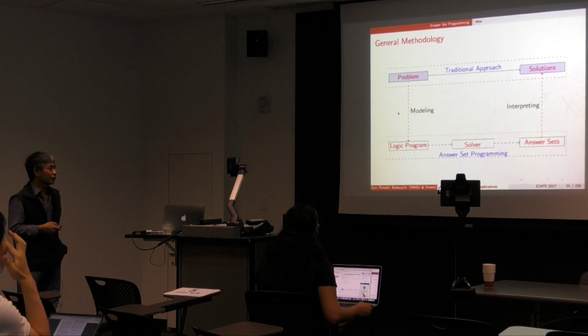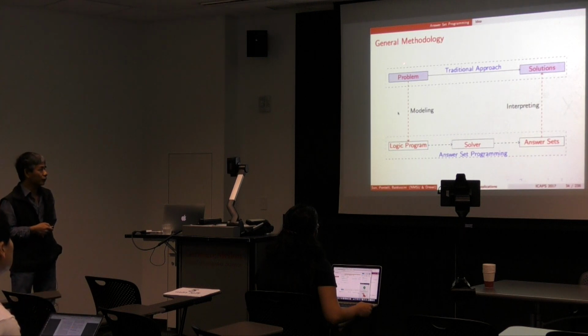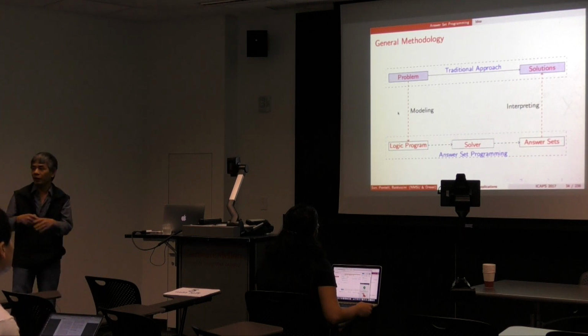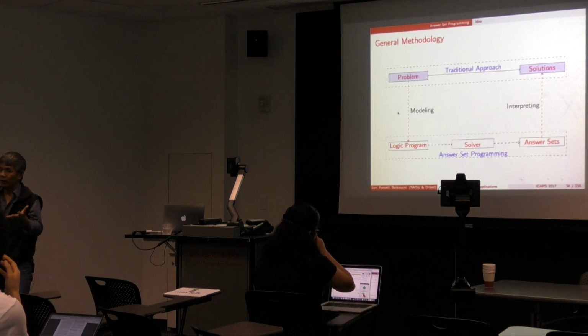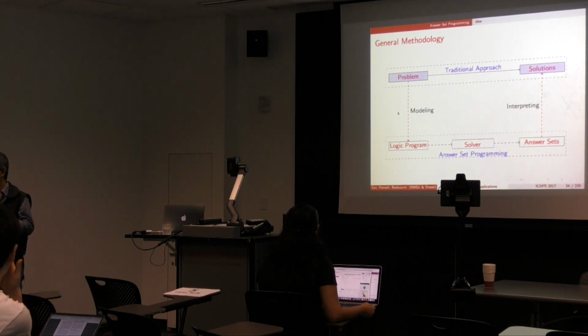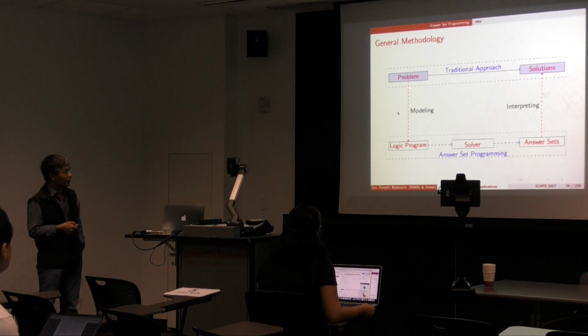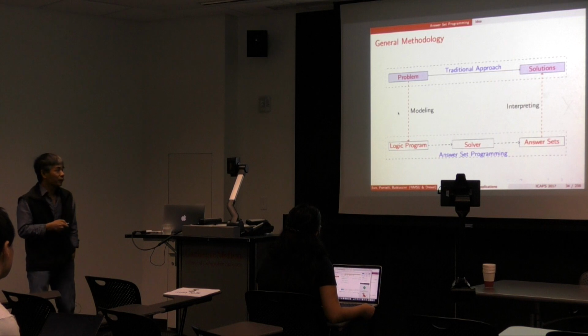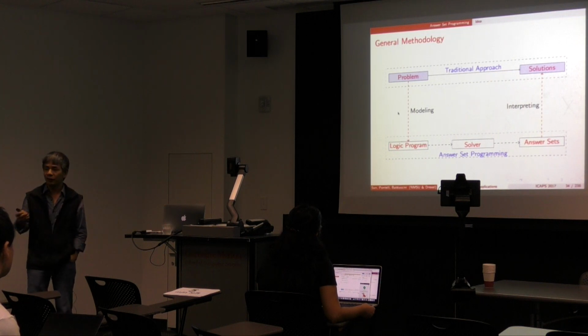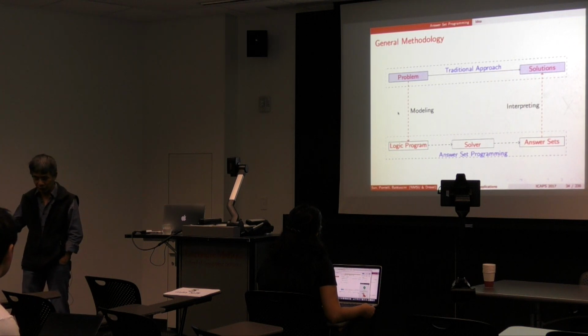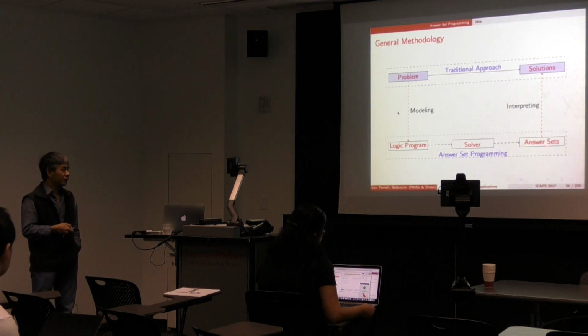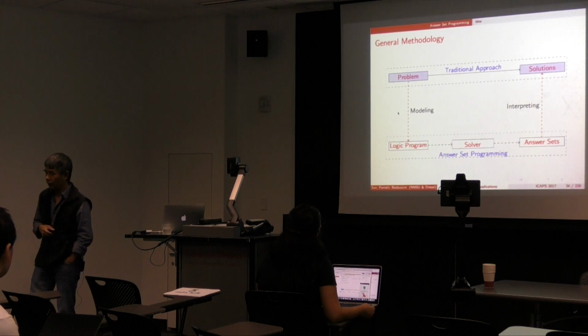If we have a problem we want to solve, the traditional approach is that we develop an algorithm, implement it, and get the solution. How do we solve it using logic programming? Basically, we go through the modeling path. We represent the problem as a logic program, then we use a solver, whether Clingo or anything that computes answer sets, and then we reinterpret the answer set as a solution.